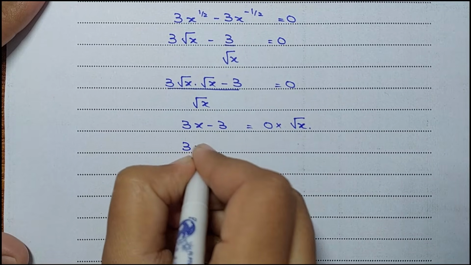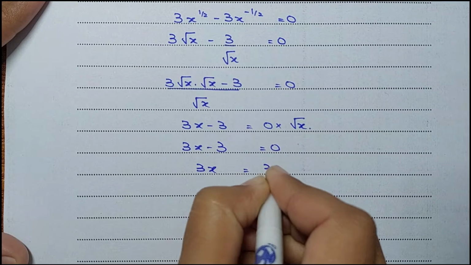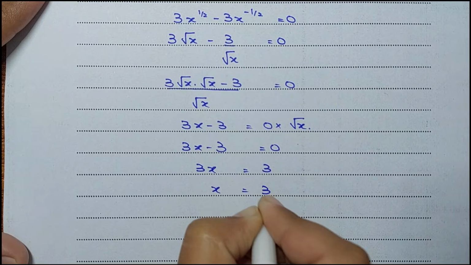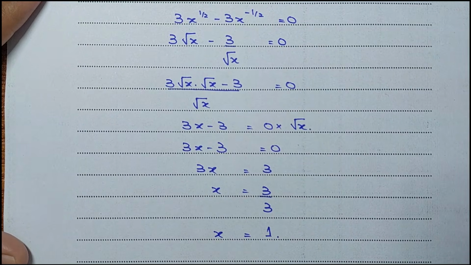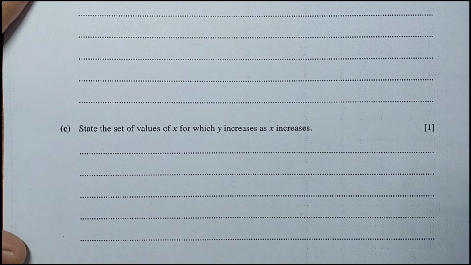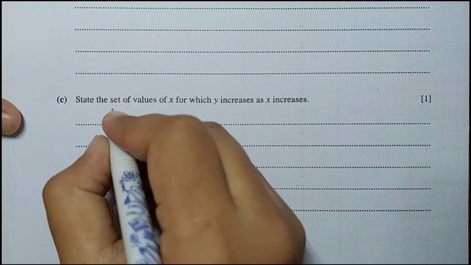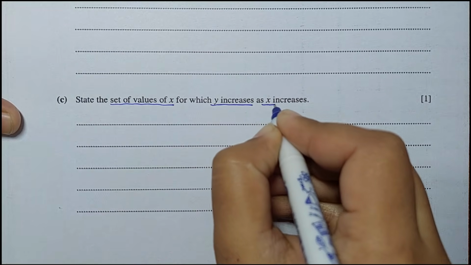So 3x minus 3 equals 0. 3x equals 3, x equals 3 over 3. So x equals 1. So this is the x coordinate of the stationary point, which is 1.